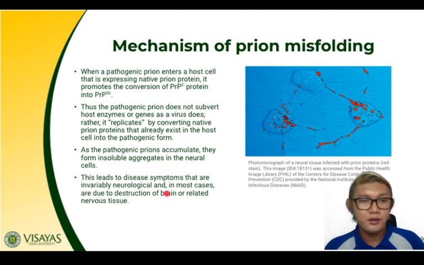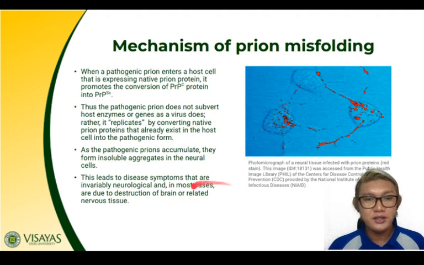As the pathogenic prions accumulate, they form insoluble aggregates in the neural cells. That leads to disease symptoms that are invariably neurological, and in most cases are due to the destruction of brain or related nervous tissue.